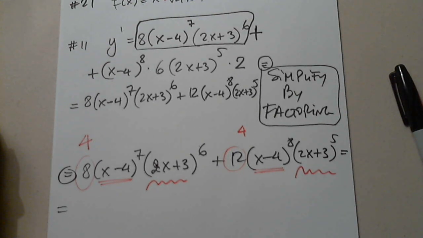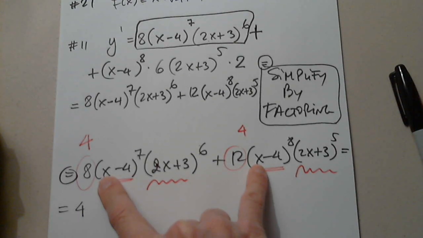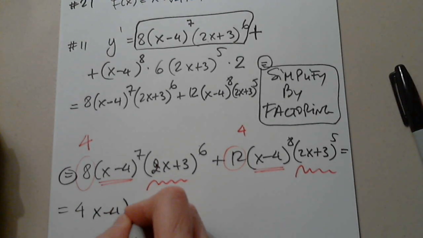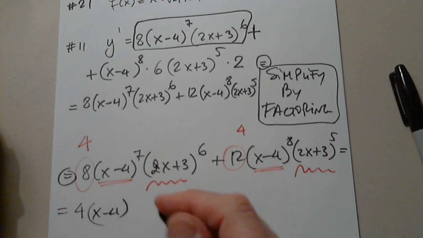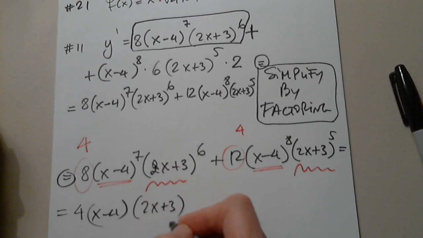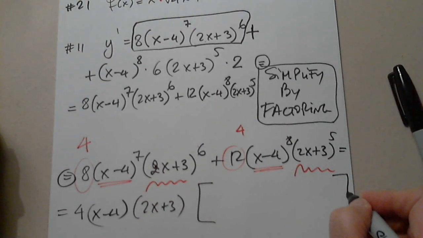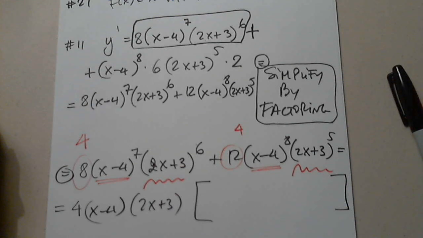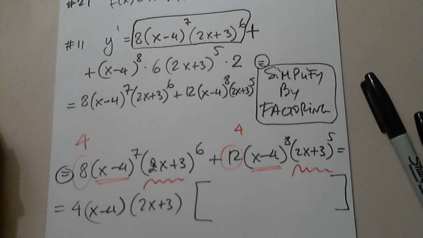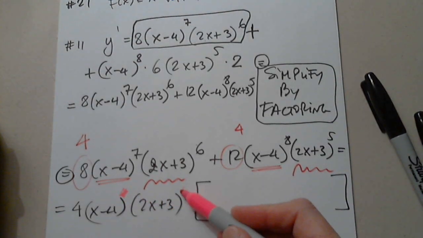This is what I'm going to do. I'm going to pull out the maximum possible. From 8 and 12, we know that we can pull out a 4. I see a common factor, which is x minus 4. I see another common factor, which is 2x plus 3. And of course, we have to discuss exponents. Let's discuss the power here.